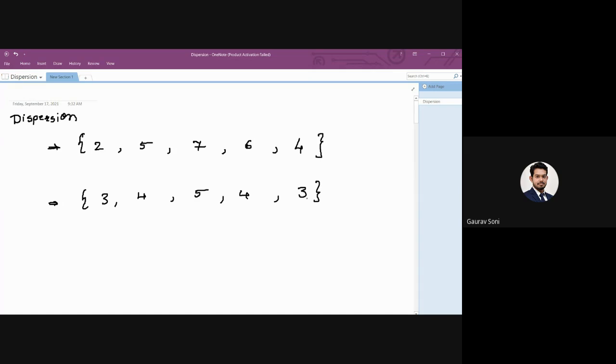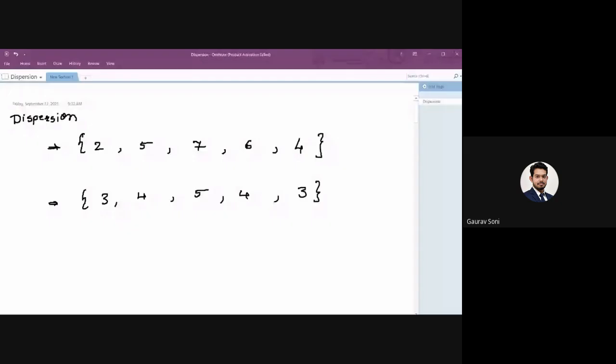I have two sets of people. In each set there are five people, and I have written the heights. Now my question is, which set is having higher dispersion? The first one. Why?